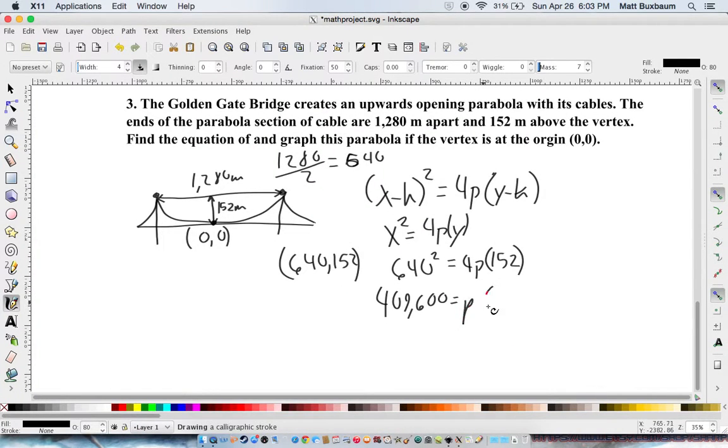So 409,600 = 608p. Now all we've got to do is divide both sides by 608 to get p all by itself on that side.